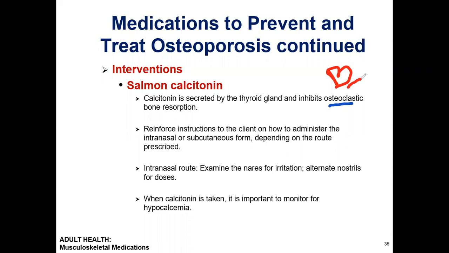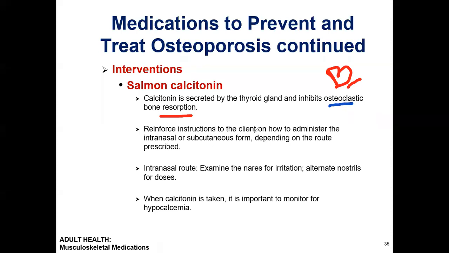So when osteoclastic activity is more than osteoblastic activity, bone erosion or bone resorption occurs. So if our patient has osteoporosis, we give them calcitonin, and calcitonin inhibits the bad work of osteoclastic activity. It reduces it.